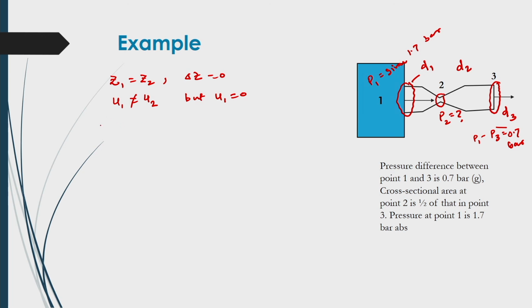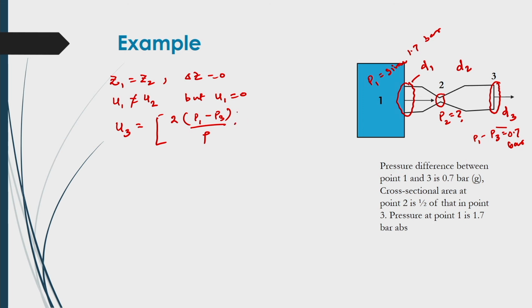And then we can calculate u3 from Bernoulli's equation as the square root of 2 into (P1 minus P3) by rho.